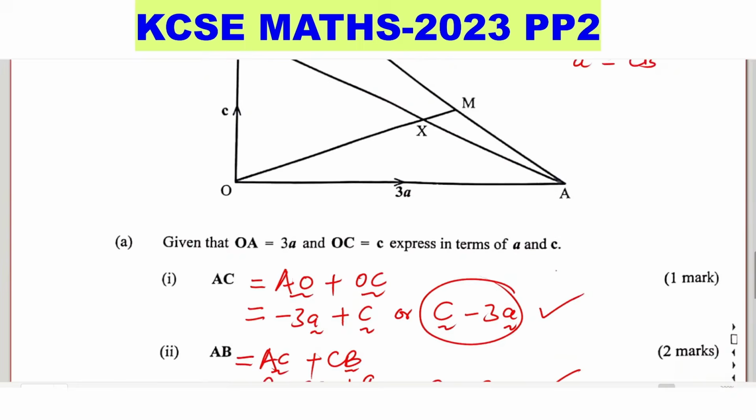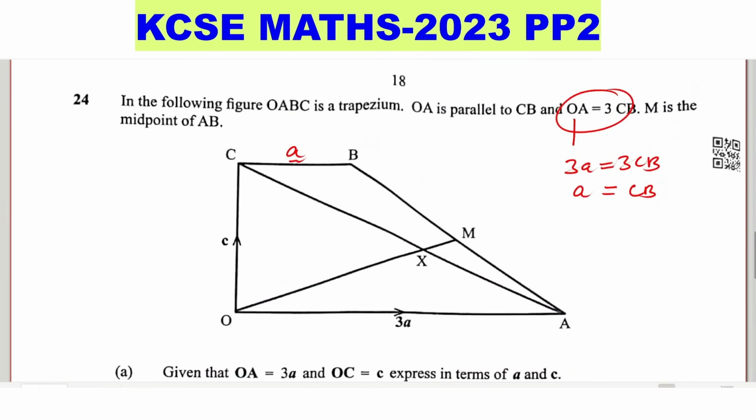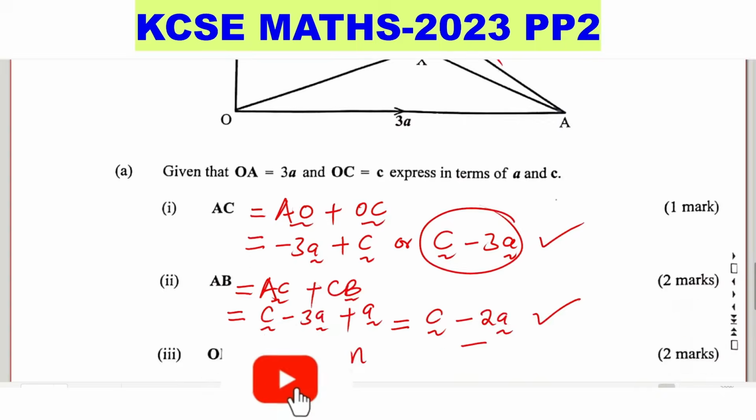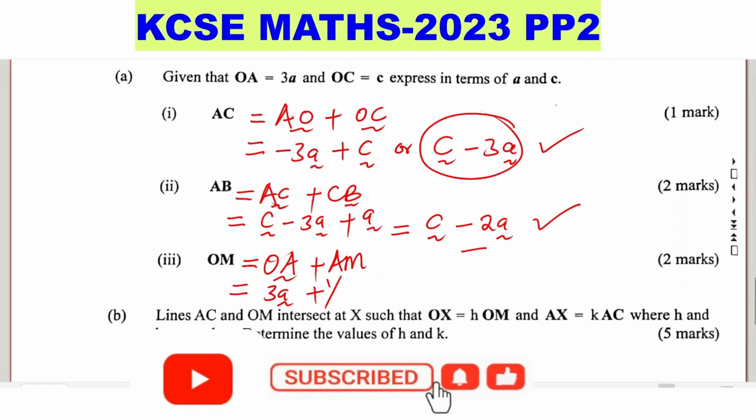AM, remember we are given that M is the midpoint of AB. So if that is the midpoint, then it divides AB in the ratio 1:1. So therefore, AM is a half AB.